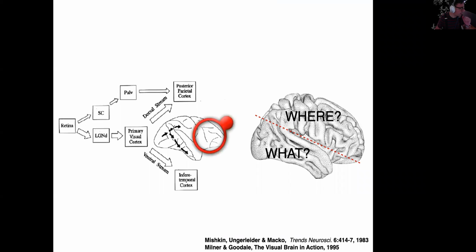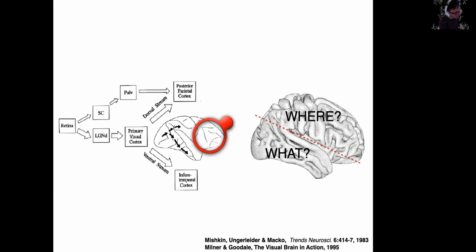As you may know, we classically divide the brain according to two streams of processing, the dorsal and the ventral stream. The dorsal stream is mostly related to spatial information, where things are, and the ventral stream is related to the conceptual, semantic aspect of things: what those things are.